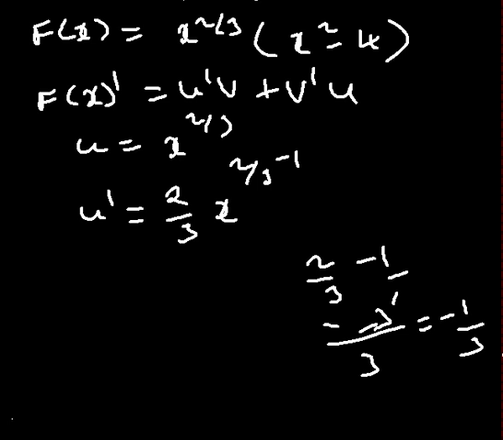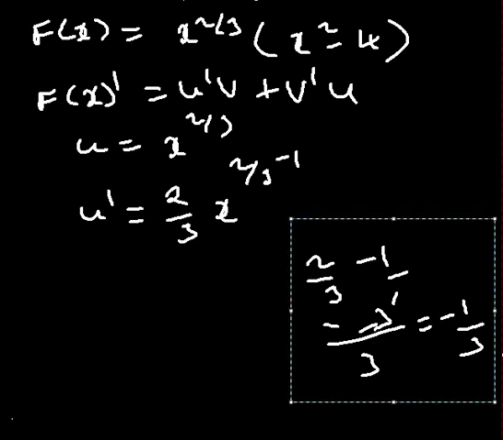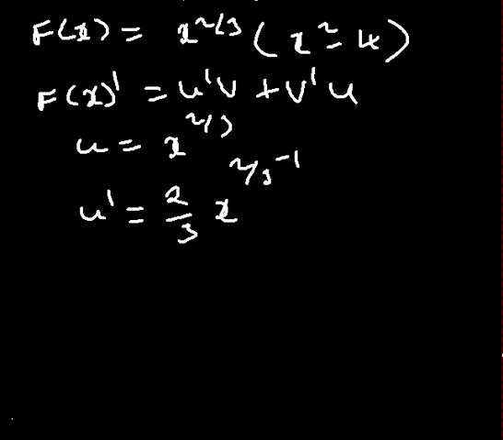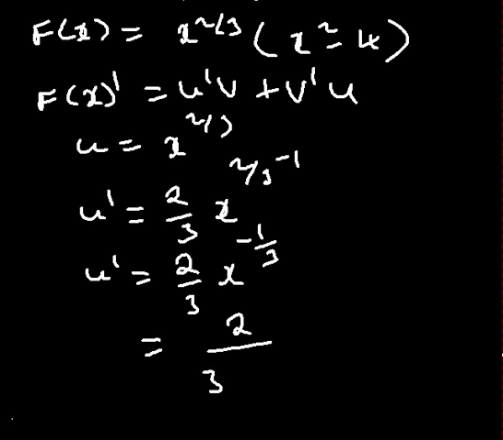So the u prime will be given as 2 over 3 x to the power negative 1 over 3. You can have it as 2 over 3 times the cube root of x. That is the u prime.